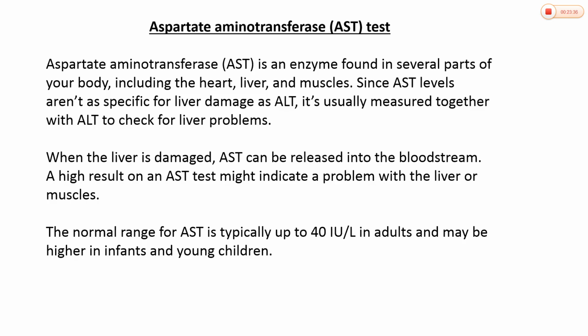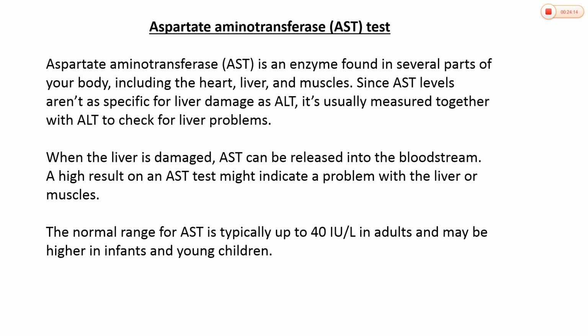So the next test is aspartate aminotransferase, which is an enzyme that is found in several parts of your body, including the heart, liver, and muscles. The activity of this enzyme shows the health of the heart, liver, and muscles. Since aspartate aminotransferase levels are not as specific for liver damage as ALT, it is usually measured together with ALT to check for liver problems. So mostly SGOT and SGPT are done together, that is AST and ALT.